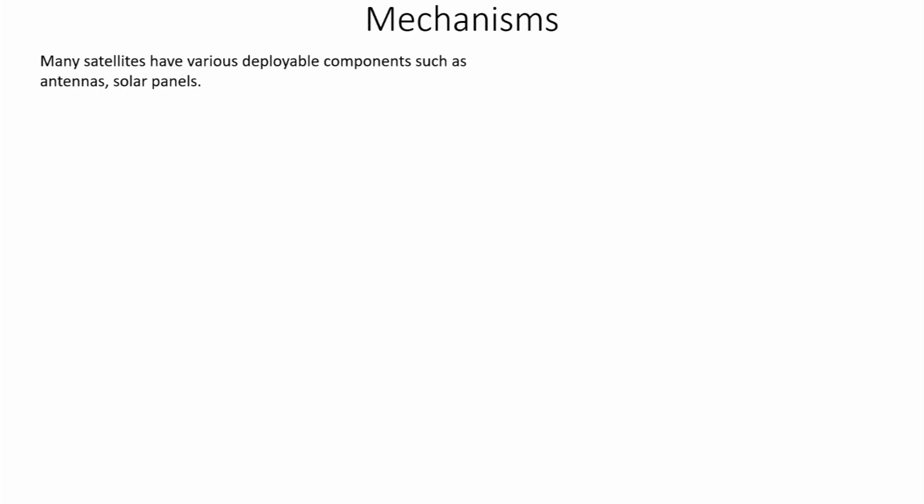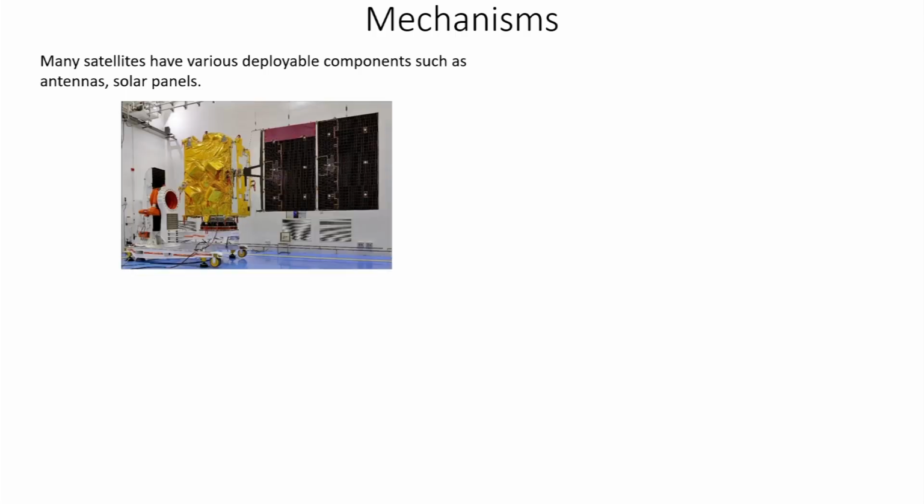Let us try to understand what a mechanism is and why we need it in a spacecraft. In a spacecraft, various types of deployable components are used. These can be big antennas or solar panels. You can see in this picture the solar cells; only 2 panels are shown.